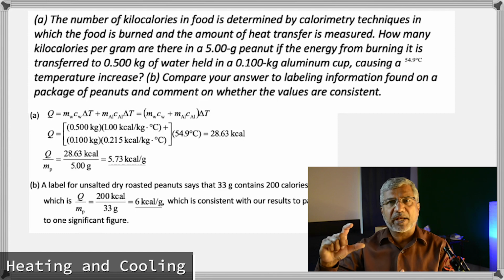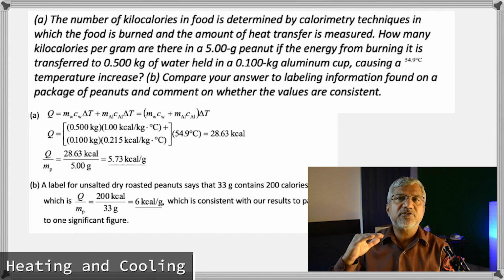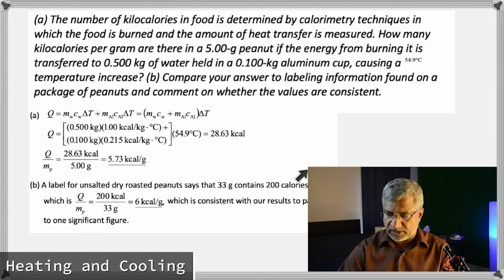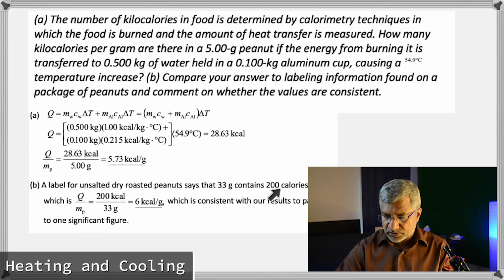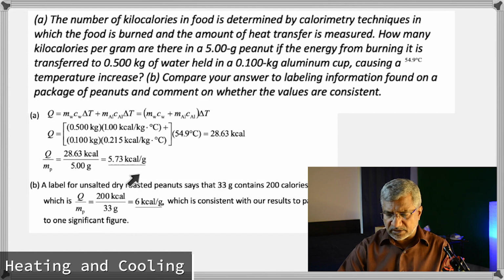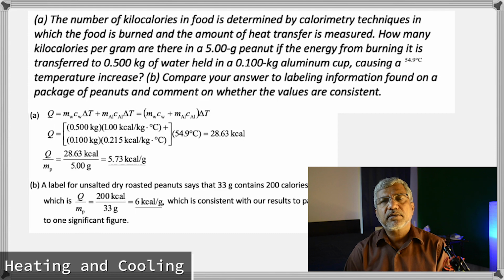So whenever food packets show calories, it's actually kilocalories. I guess they don't want to scare us. So there's 200 kilocalories in 33 grams. So in 1 gram would be 200 by 33, which is 6, which is consistent with our results in part A. So that's question number 3.